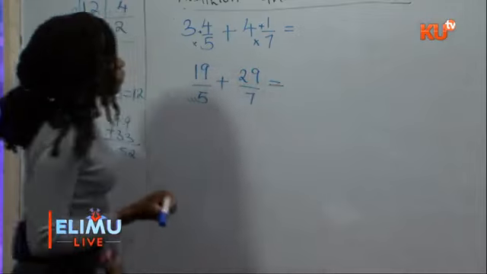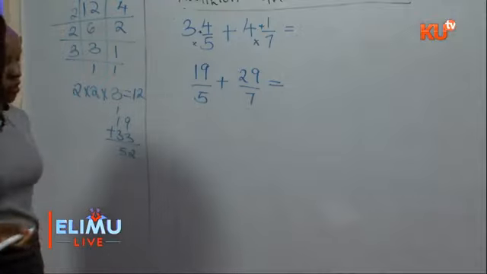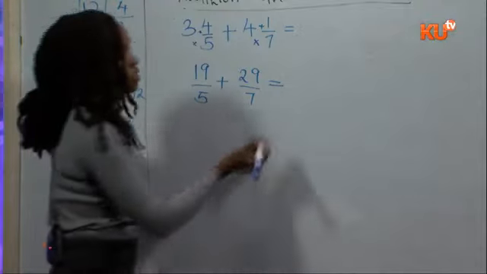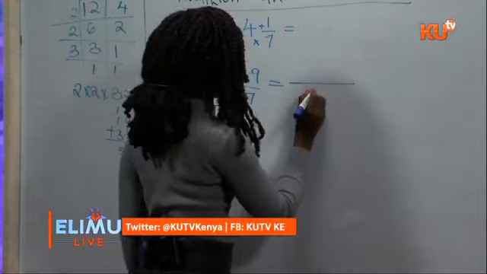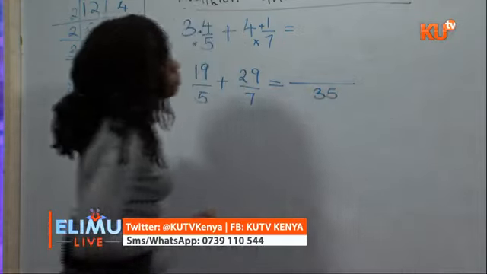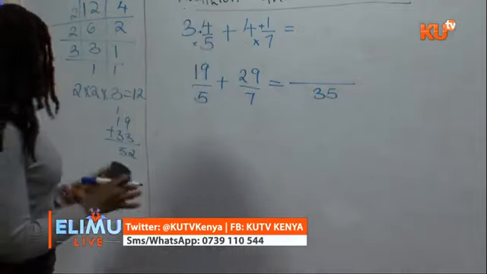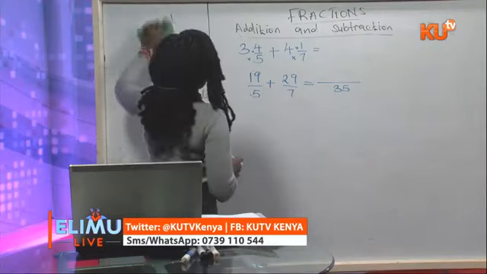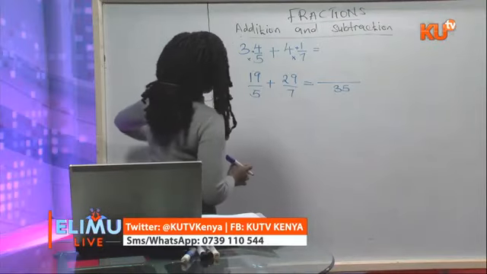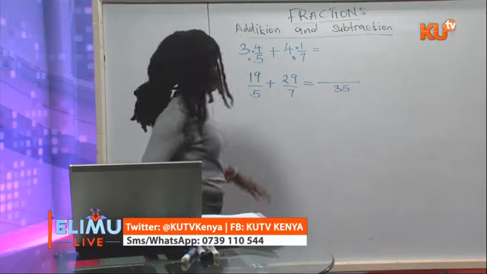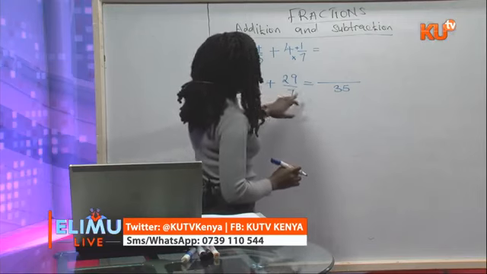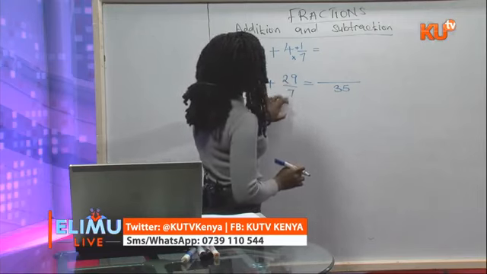So we get the LCM of 5 and 7. The LCM of 5 and 7 is 35. So now we can calculate. We have 19 over 5 plus 29 over 7, with the LCM 35.